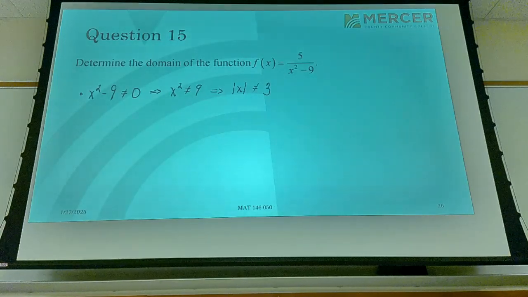Means the absolute value of x can't be 3. Do we have a radical? So we're done. The domain is everything except when the absolute value of x is 3.